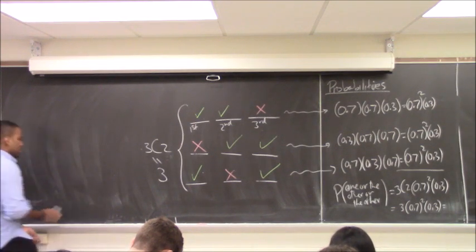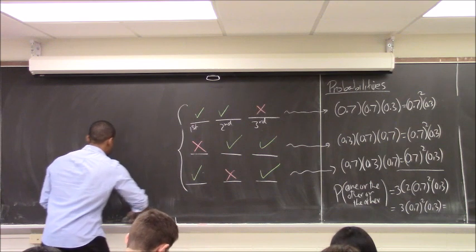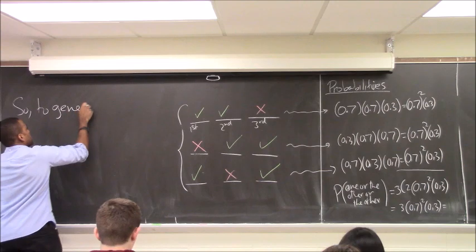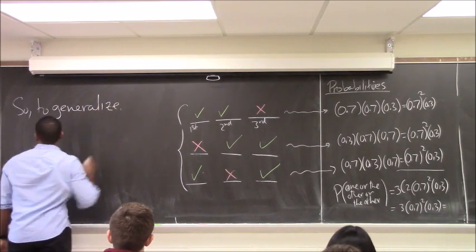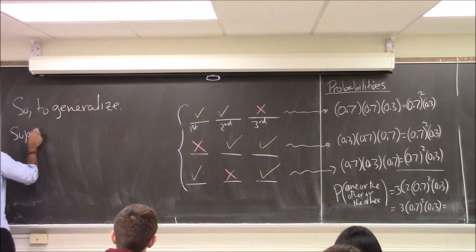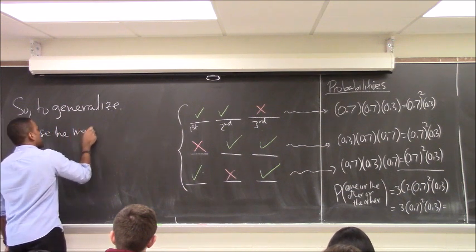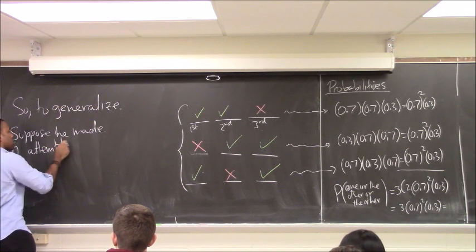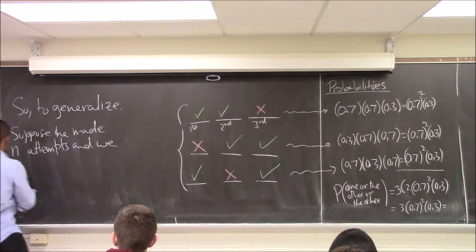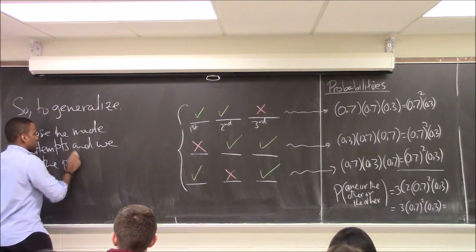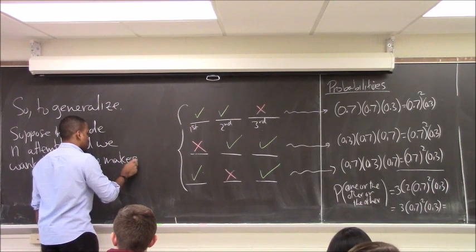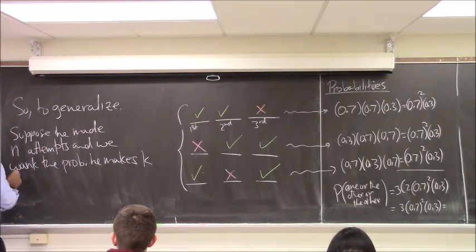So let's actually start generalizing this a little bit, because it's a whole new kind of probability. It's a very specific situation. So, to generalize, suppose he made n attempts, and we want the probability he makes, let's say, k of them.